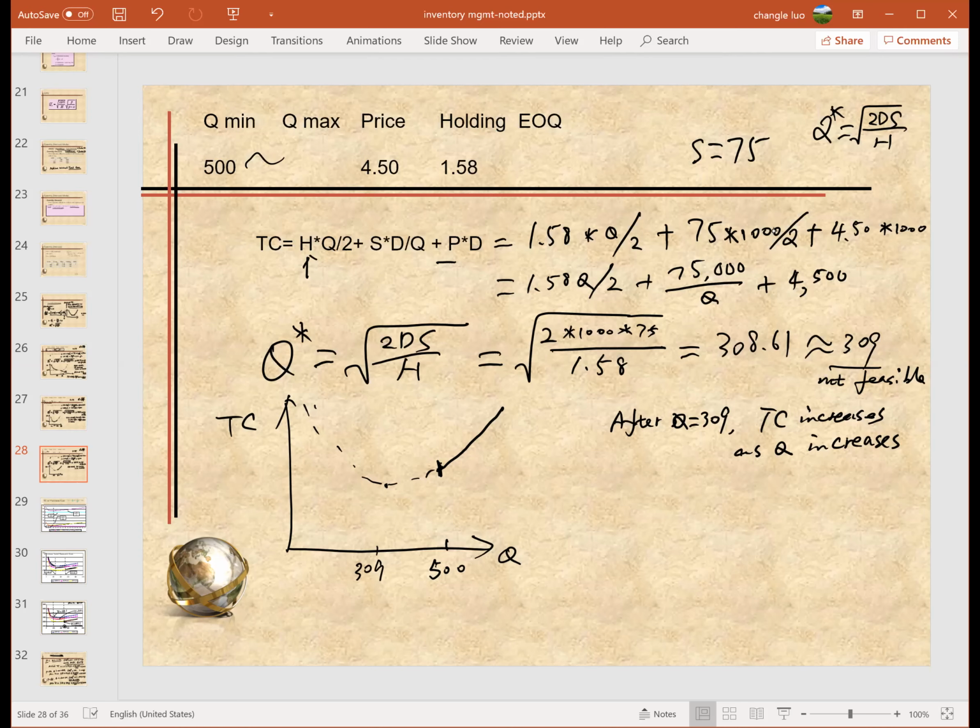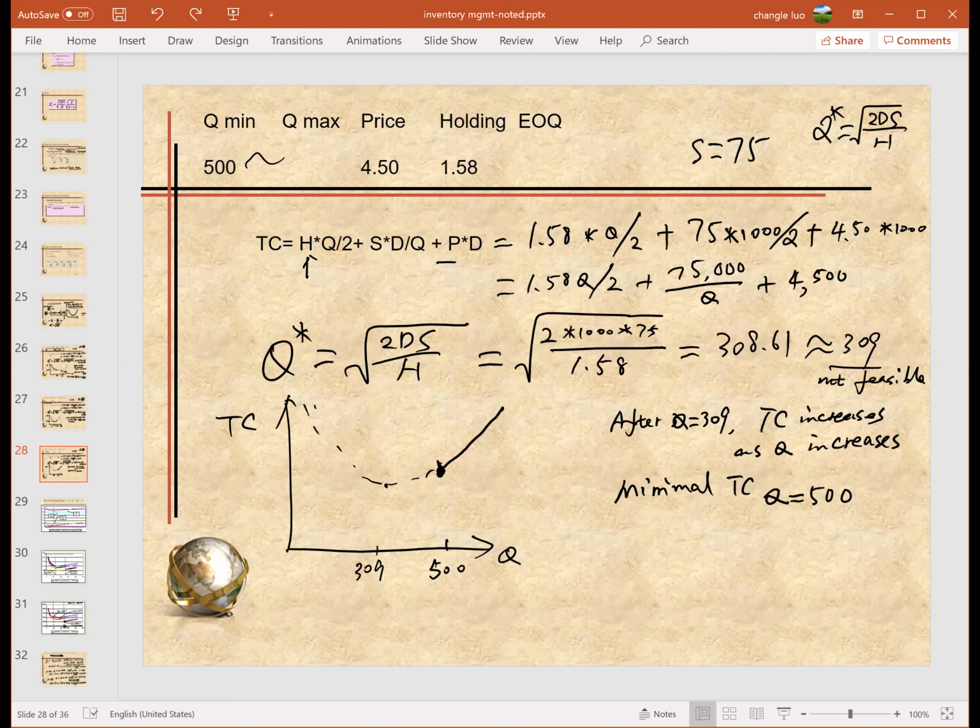So our minimal total cost can be achieved when Q equals to the lowest point here, which is 500. Okay, now we can plug in the 500 to the total cost equation.